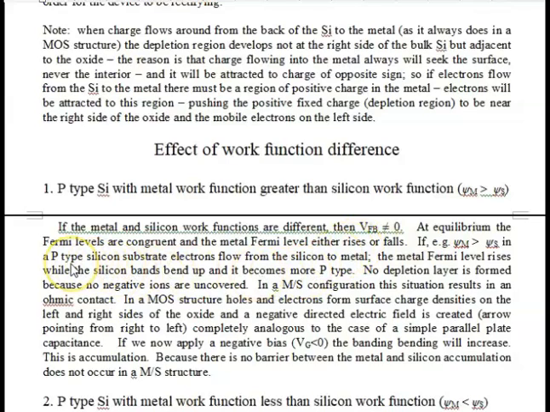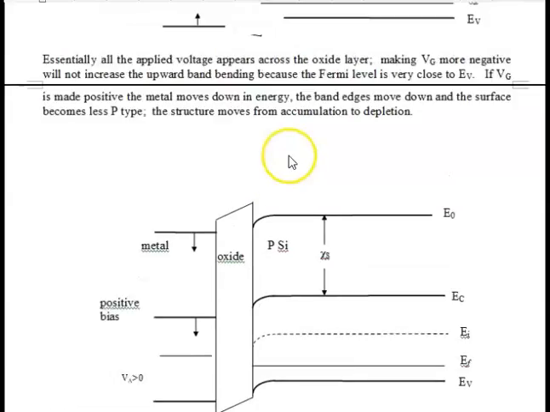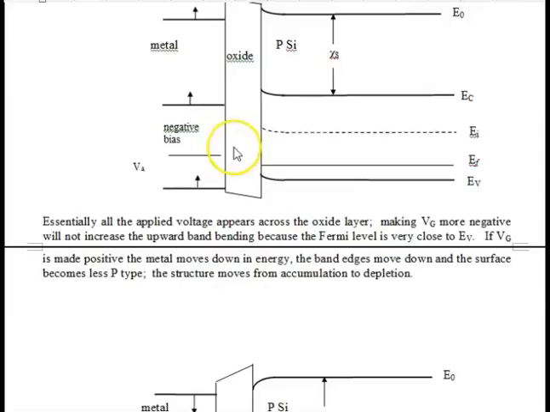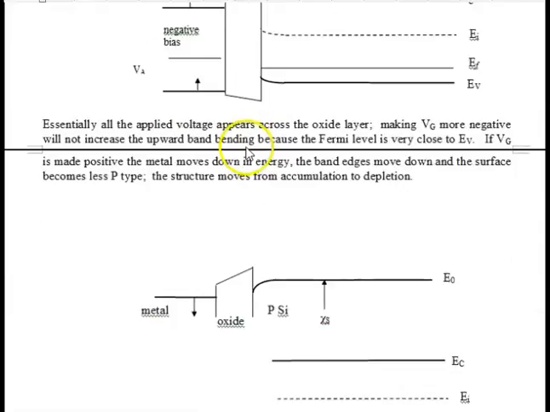The P-type silicon surface becomes more P-type than the bulk, and we have positive charge here at the oxide silicon surface and negative charge on the metal surface at equilibrium.